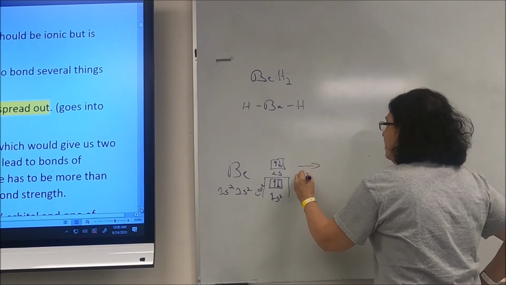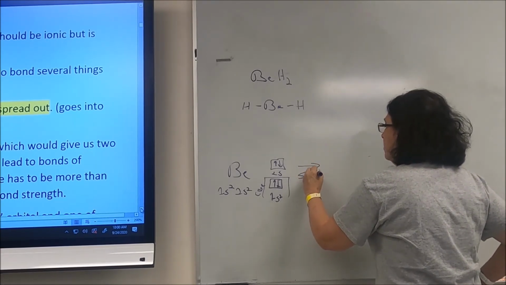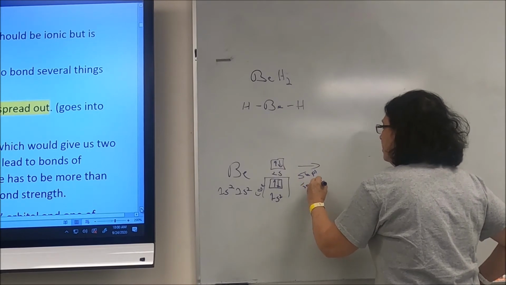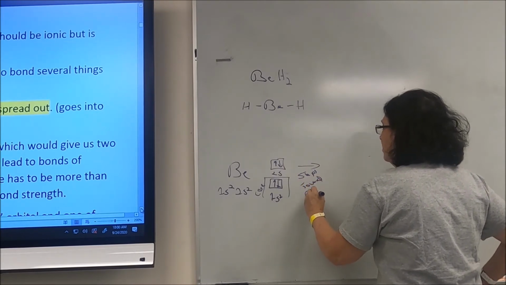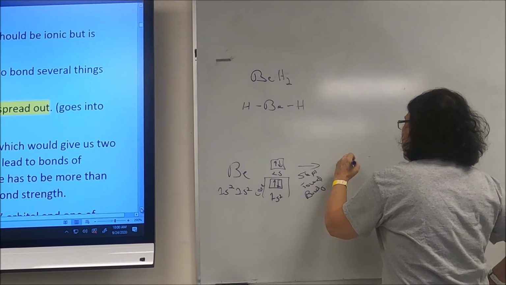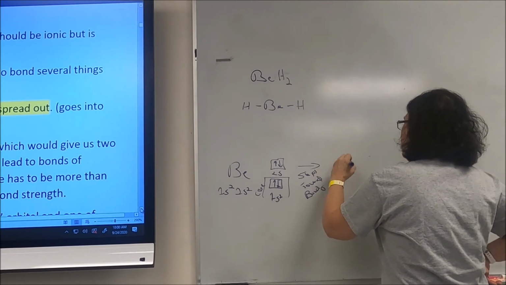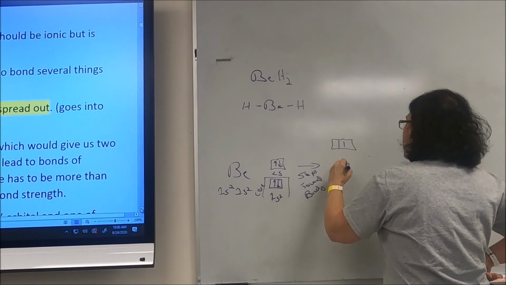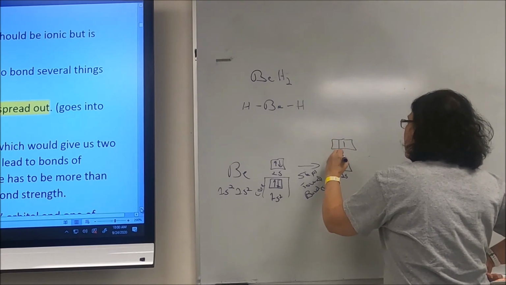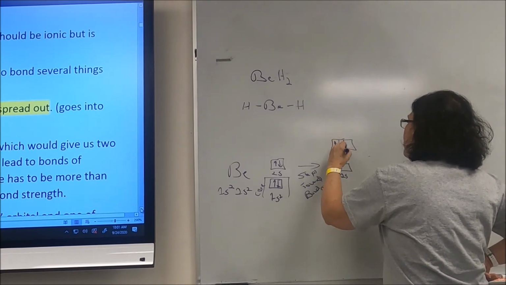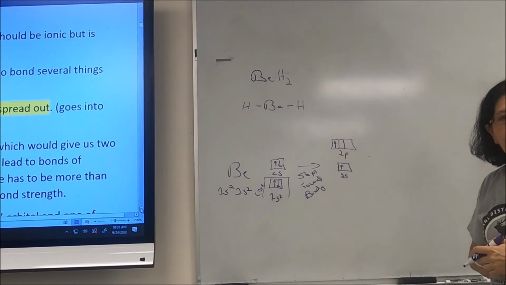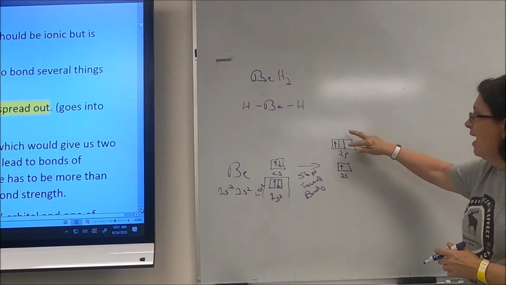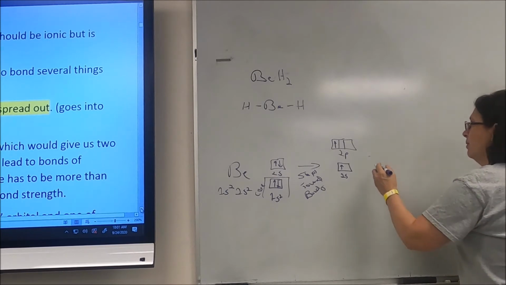So step 1 towards bonding is that we're going to take one of the 2s electrons and move it into a 2p. Now I have the electrons spread out.